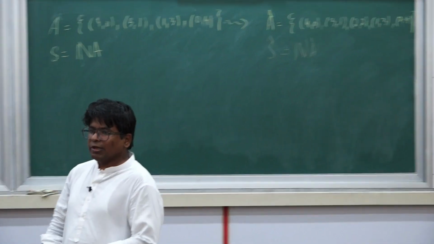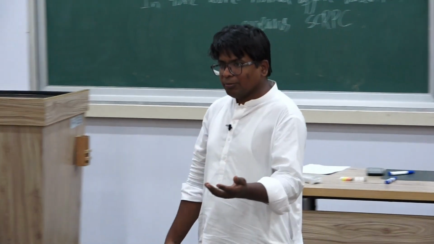Also, integral closure means the following: normalization means that if you have a point alpha in your field of fractions which is a root of some monic polynomial over your ring R, then that point alpha should be in your ring R itself.